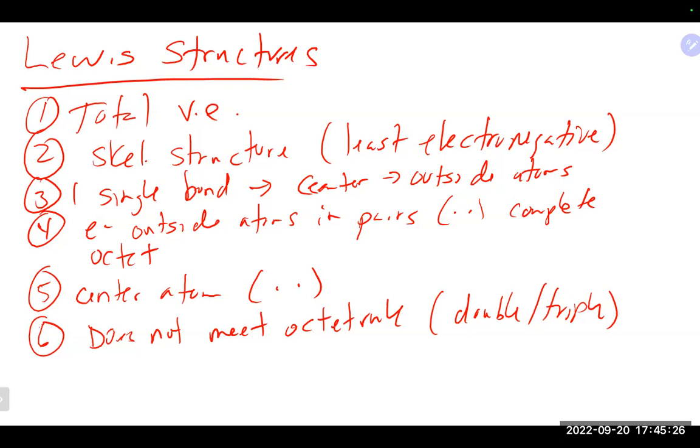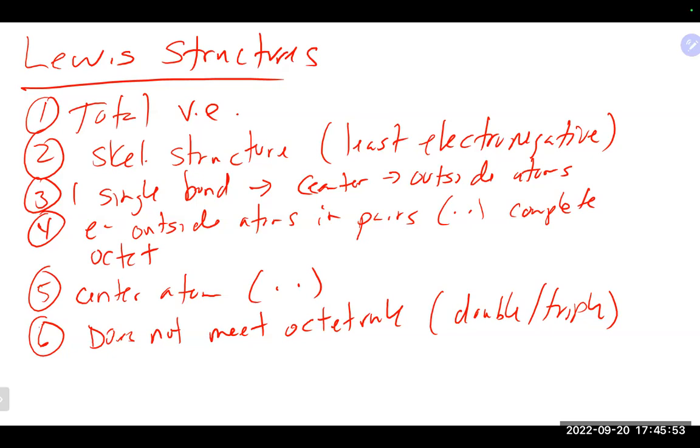At that point, you want to exhaust all your double bond opportunities. And if you do exhaust your double bond opportunities and they still don't have enough electrons, then you should move to a triple bond. So in most cases, you don't want to double bond or triple bond right out of the box. You usually want to save that as a way to fix an issue that might come up.